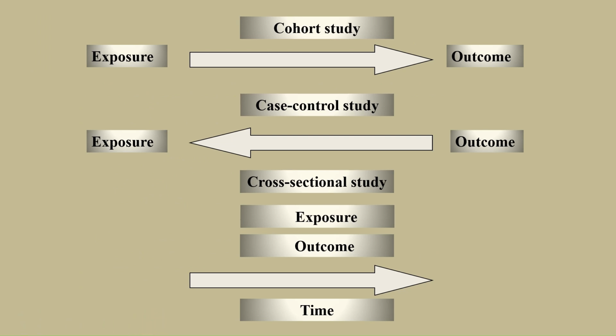This is the diagram for cohort study, case control studies, and cross-sectional studies. Here in cohort study, we start with exposure and end with outcome, and in case control study we start with outcome and find out the exposure among the groups.